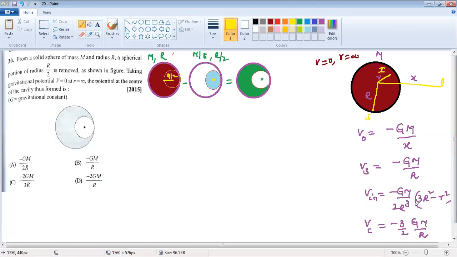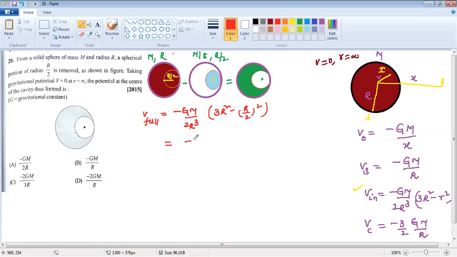Now, the first one, we can apply inside at a distance r by 2. For the first one, potential due to the full sphere at a distance r by 2, as the required point is from the center at r by 2 distance. You can write this as minus GM by 2r cube into (3r square minus r by 2 whole square).